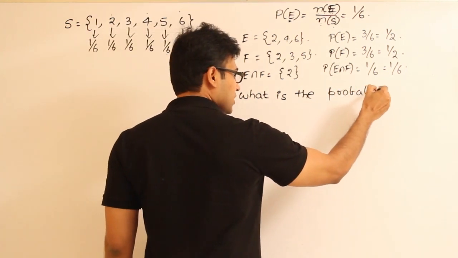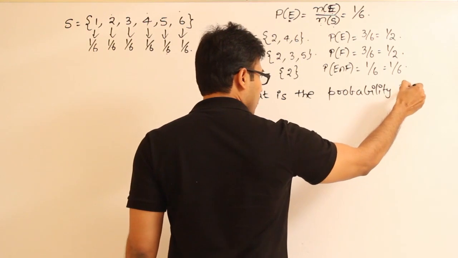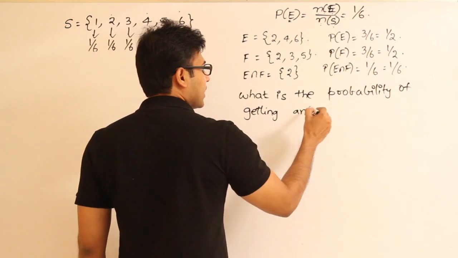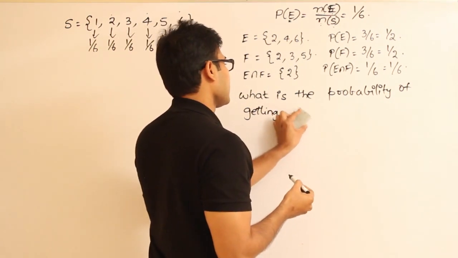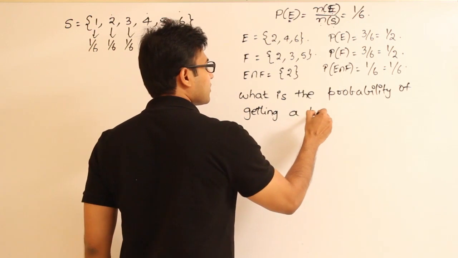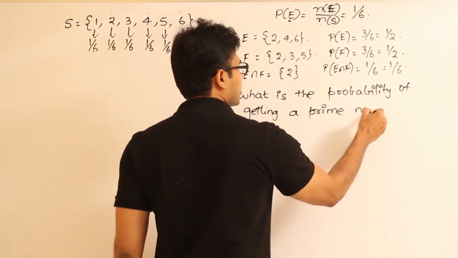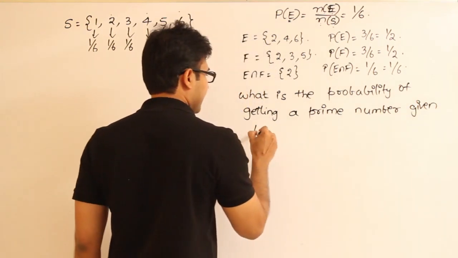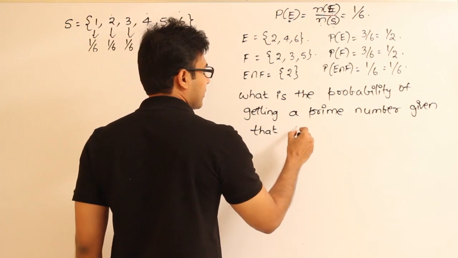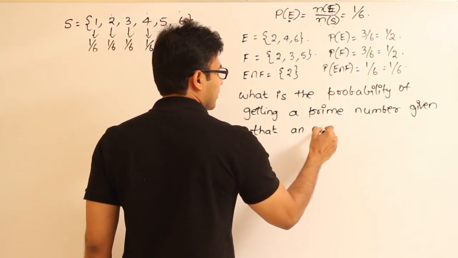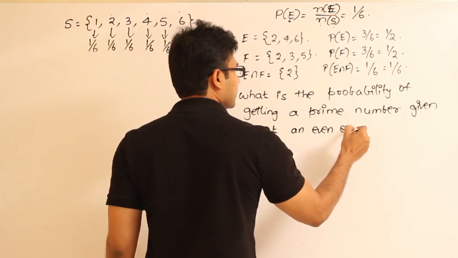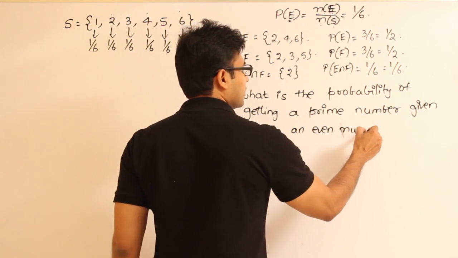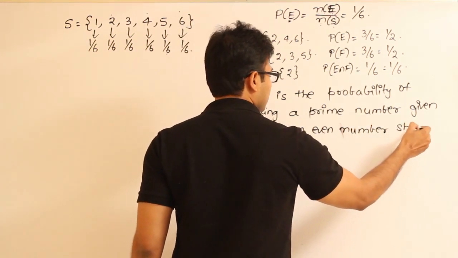What is the probability of getting a prime number given that an even number showed up?